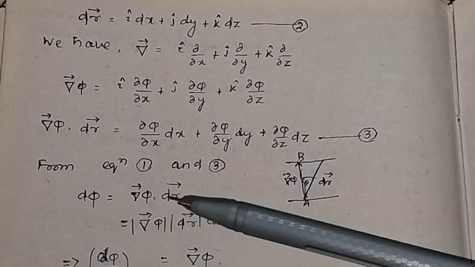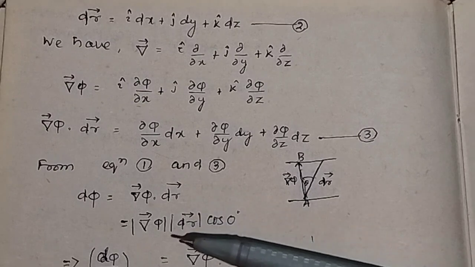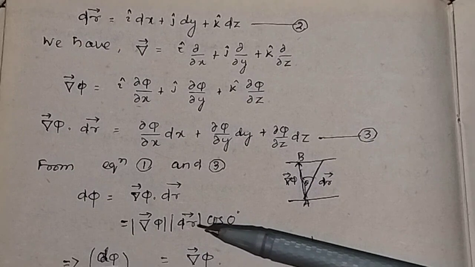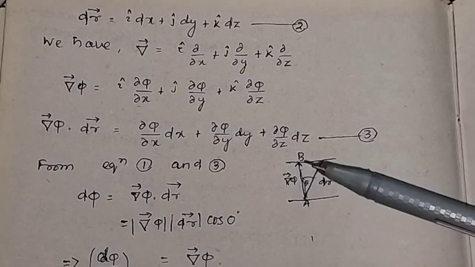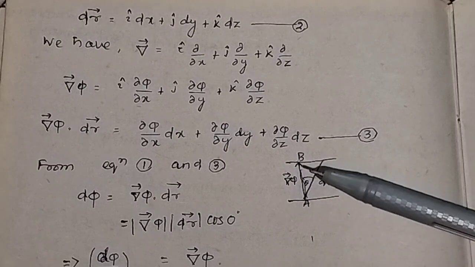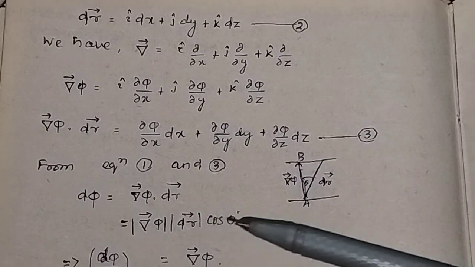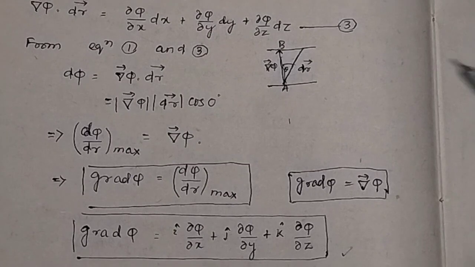And in terms of the magnitude of the dot product, it will be equal to the magnitude of del phi times the magnitude of dr into cos 0, because here we have taken the change of the scalar function along the direction of dr. So theta will be equal to 0 degrees.